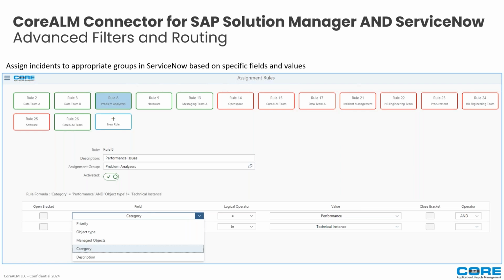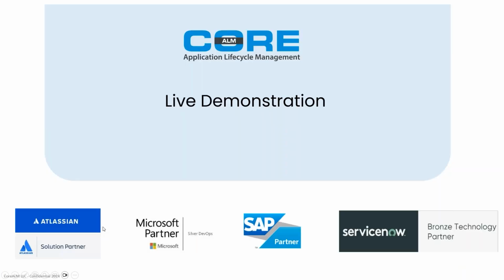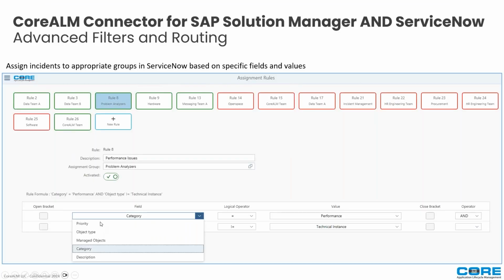What you see here across the top are the different rules that we've set up. In the middle is the section where we describe the assignment group and the description, and on the bottom we have a few fields that we can add, and we can build our query and say the systems that match this specific query, we can assign them to a specific assignment group.